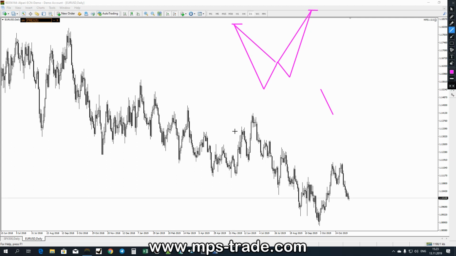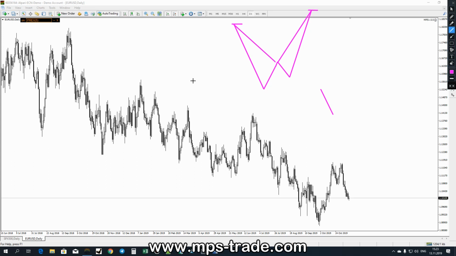So I don't believe in those pattern variations such as bat patterns, Leonardo patterns, crab patterns, alternative bats and other stuff. For me it's complete crap. It doesn't make any sense. Because the idea of all these pattern variations is based on pattern ratios, and very little attention is paid to pattern structure.